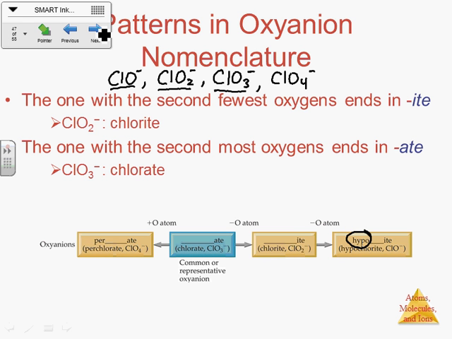And the one with the most oxygens, ClO4 minus, you put a per on the beginning of it. So it goes per-ATE, then ATE, then ITE, then hypo-ITE. Hopefully that makes sense. You've got that diagram on your sheet.